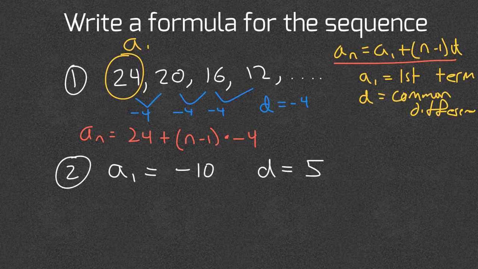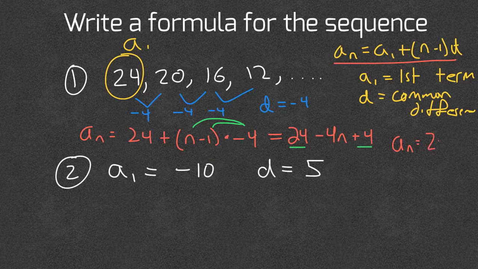And now to simplify it, because what we want to do is write it as the simplified version, I'm going to distribute the negative 4. So I get 24 minus 4n plus 4. Just pointing out, I distributed the negative 4 there. That's where negative 4n and plus 4 came from. And then I have those like terms, so I get a final answer of a_n equals 24 plus 4 is 28 minus 4n. Or you could write it as negative 4n plus 28.